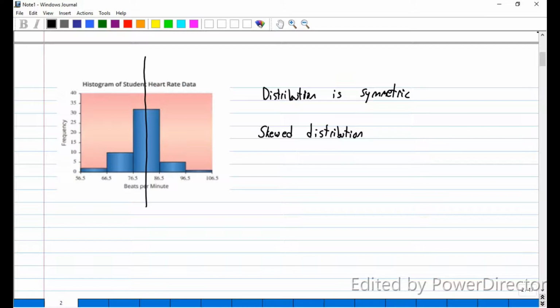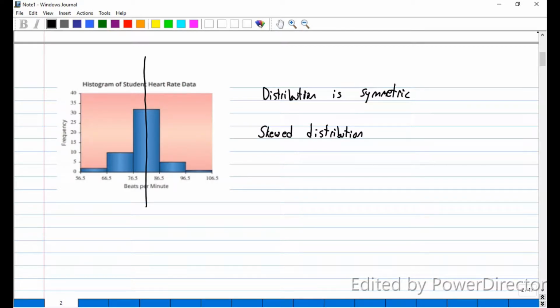The distribution is said to be skewed to the right or positively skewed if the tail to the right of the peak of the distribution is longer than the tail to the left of the peak of the distribution. So that's kind of confusing.